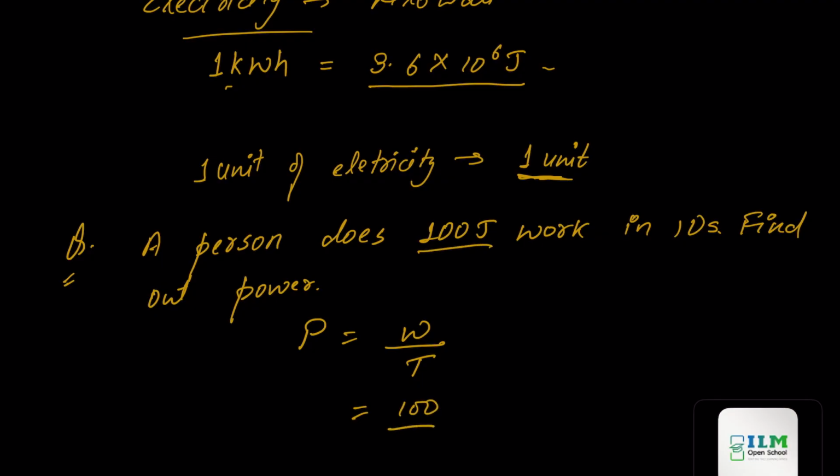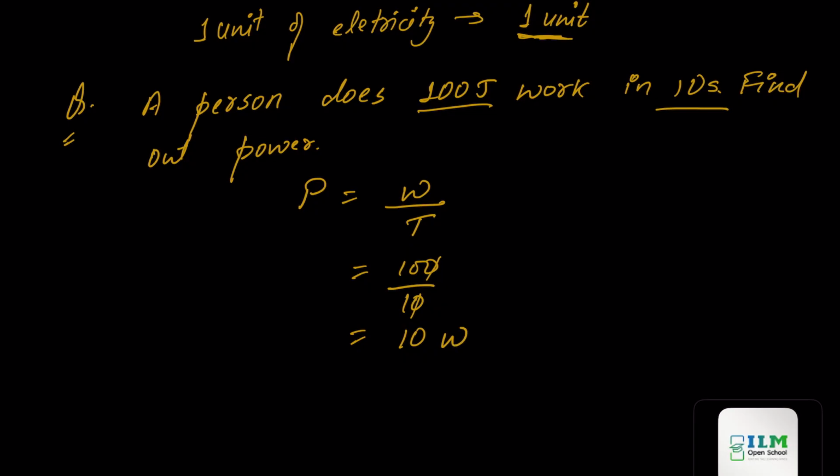How much is work? 100 joule. 100 upon, how much is time? 10 seconds. So we get 10 watt. I have told you that the SI unit of power is watt. This is joule, this is second. So the SI unit will be watt. So power comes to 10 watt. This is the basic concept of power.